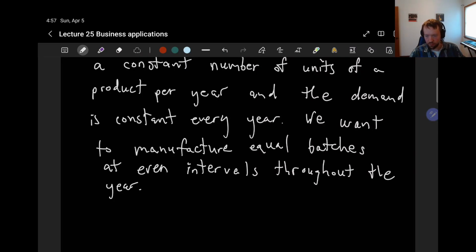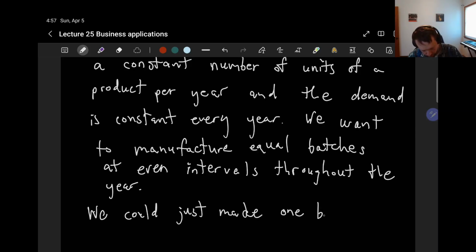Our ultimate goal is to minimize cost of doing this, but we have a couple things to consider, and it's a bit of a tricky balancing act. So we could just make one batch, which would seem good in some ways. That would minimize manufacturing costs because we're not manufacturing as often. But the downside is that this would lead to greater storage costs.